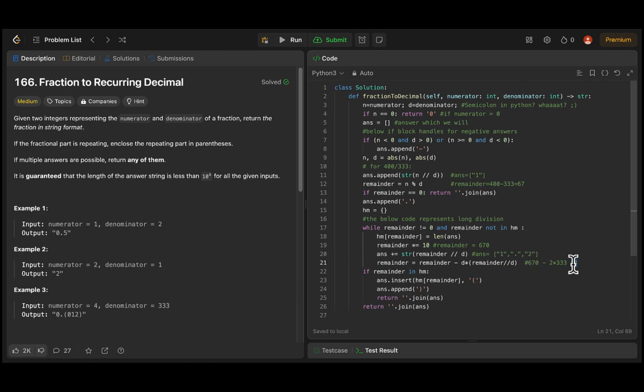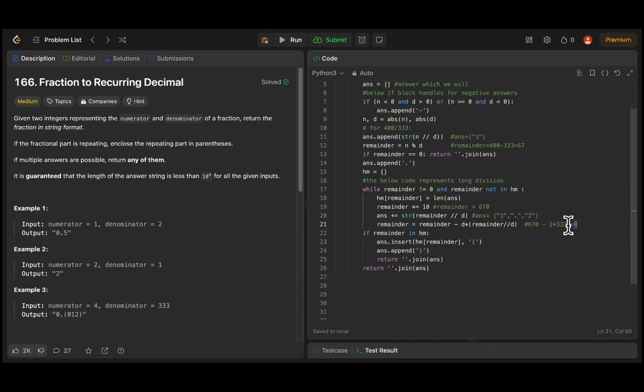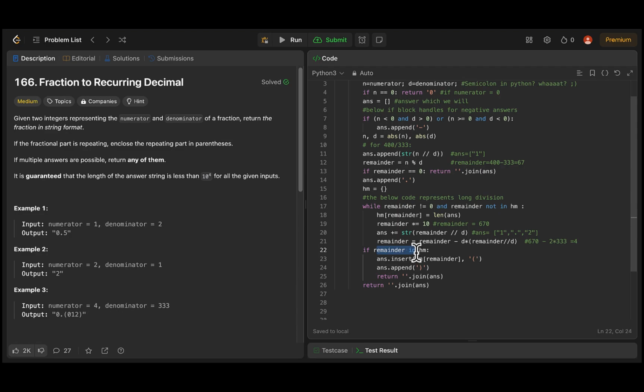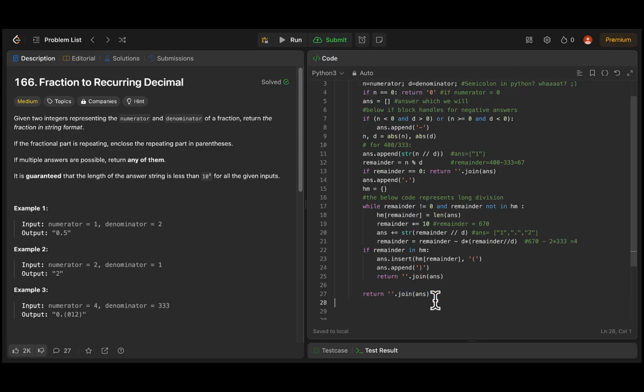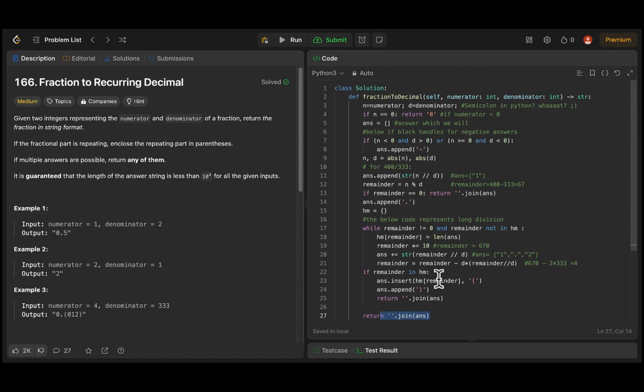Since our remainder is 4, this loop will repeat again. When our remainder becomes 67, we come out of the loop, and then we see if our remainder is in the hash map, then we add the parentheses at the appropriate places and return the answer. Or else it must mean that our remainder got 0 at some point, just like it did over here, and we simply return the answer. So that's pretty much it.